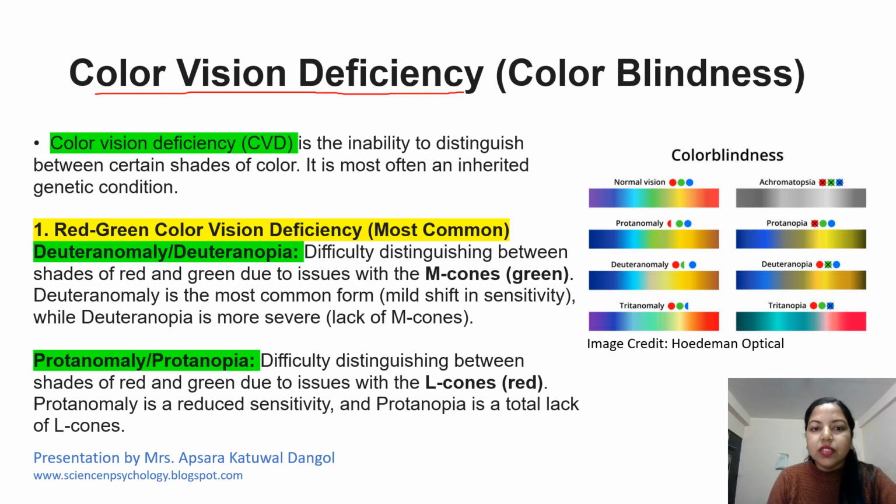Color vision deficiency is the inability to distinguish between certain sets of colors. It is often an inherited genetic condition. Number one, the major one is red-green color vision deficiency.